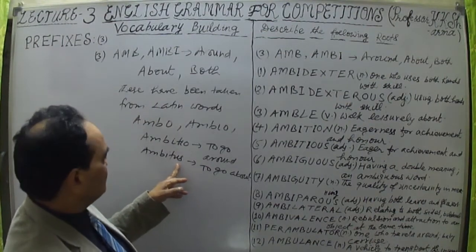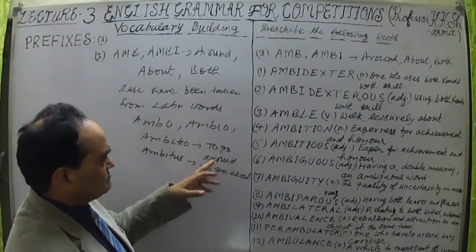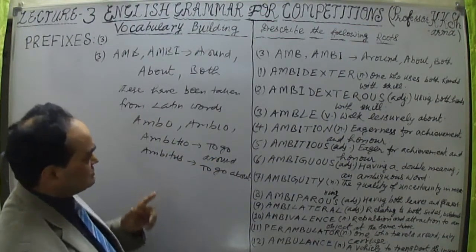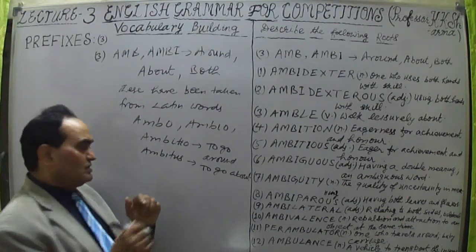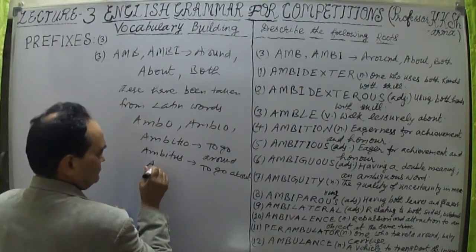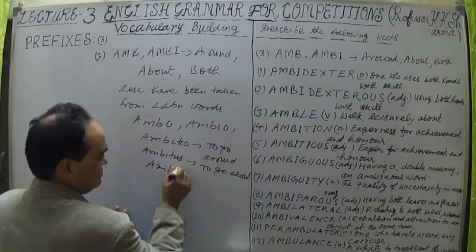This ambitus word is also from Latin roots, that means to go around. Alright, so these are the words which have been taken from different roots. Or ambire, there is one more word, ambire or ambia.